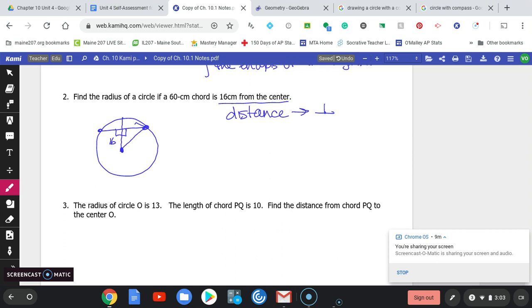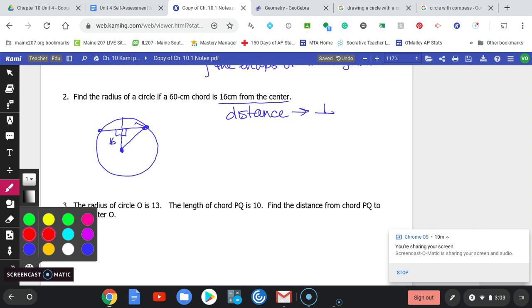What we're going to do is add in a radius here. Now, I have a radius perpendicular to a chord, so that means it bisects the chord, and each of those segments is going to end up being 30. Now, these numbers should be familiar to you. We're looking for the radius here.